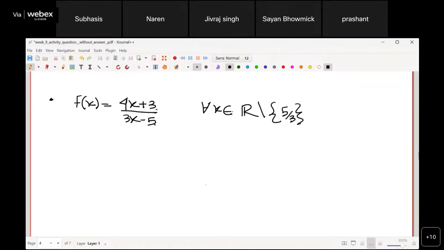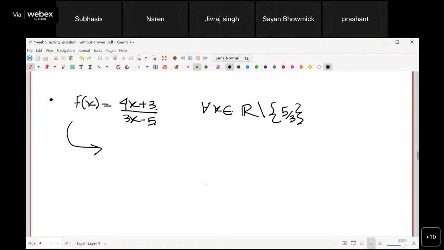This is the domain. So basically you need to show that this is 1-1. For 1-1, it should pass the horizontal line test. You can apply this if you can draw the graph of that function.